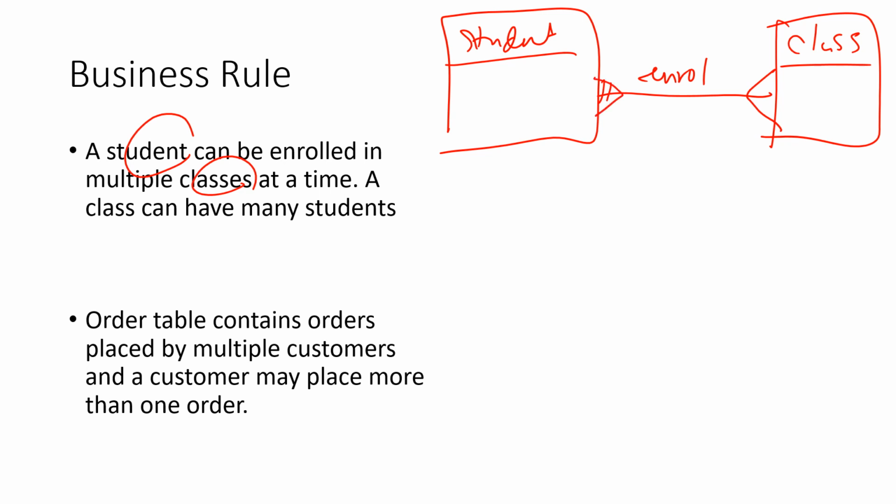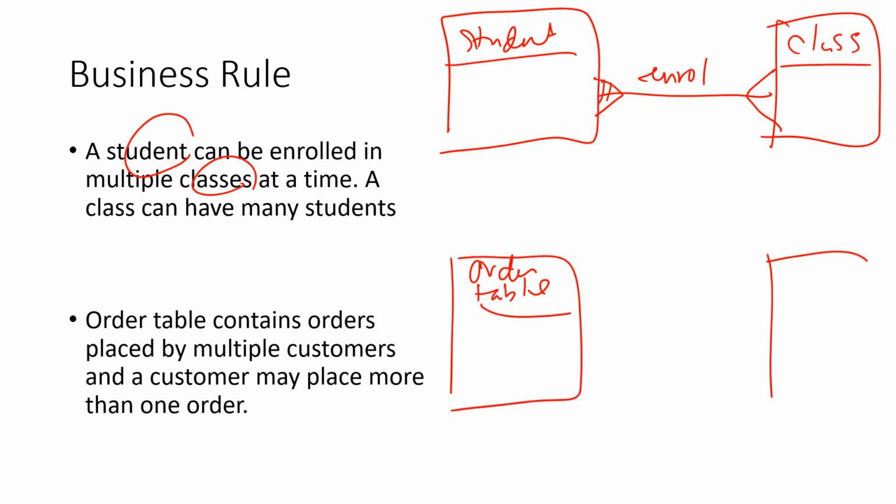Okay, next exercise is order table. Order table contains orders placed by multiple customers. So this is order table, and this is customer. So the relationship is contain.